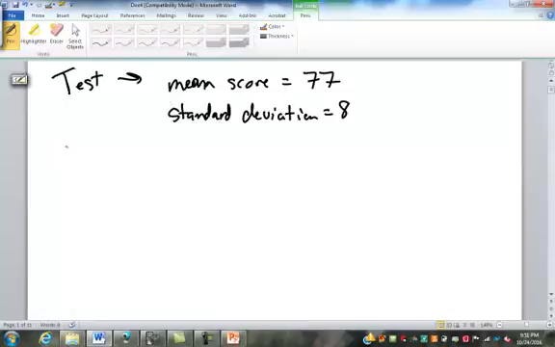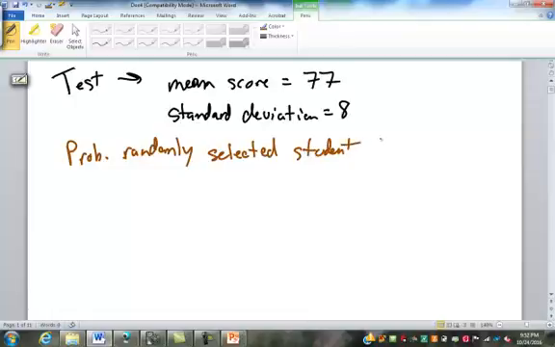So what we want to find is, what is the probability that a randomly selected student will score, let's say we're asking between 70 and 80.